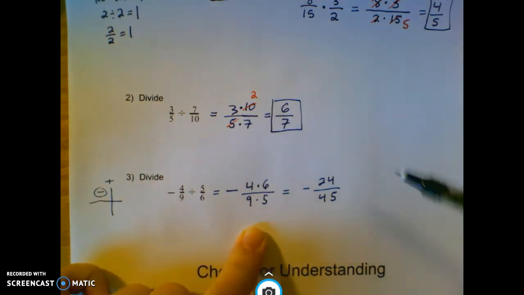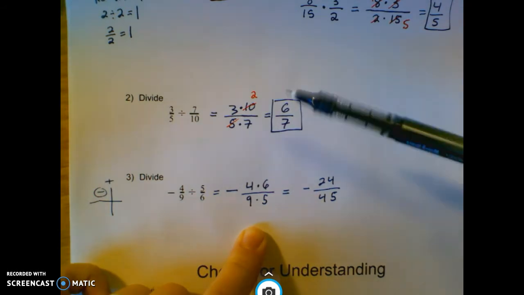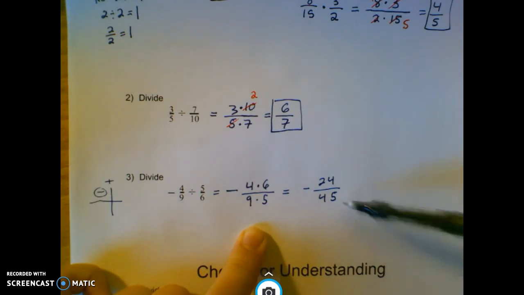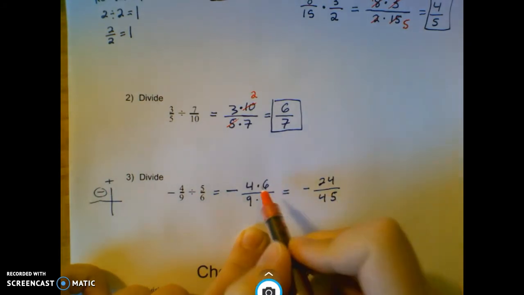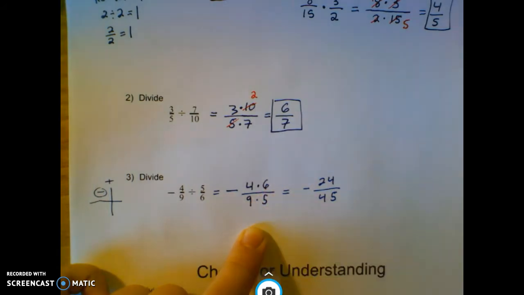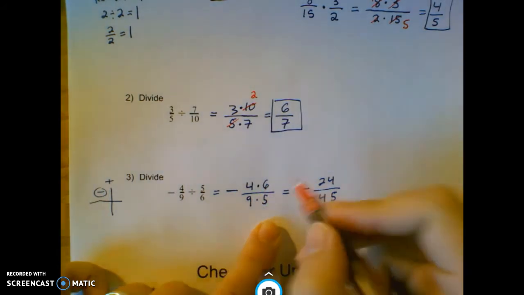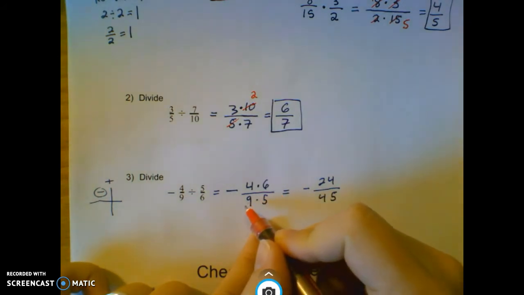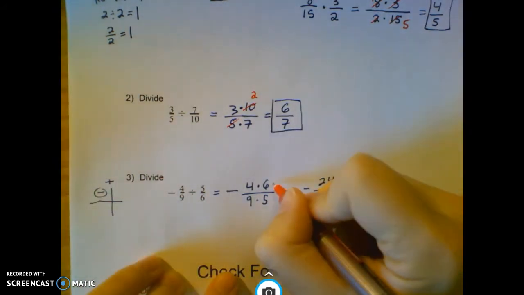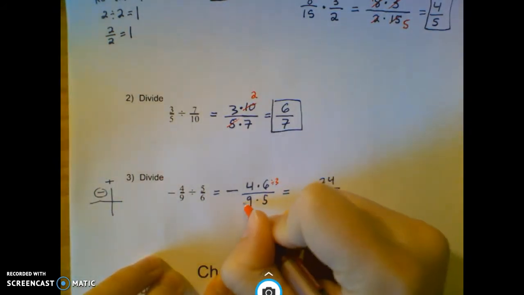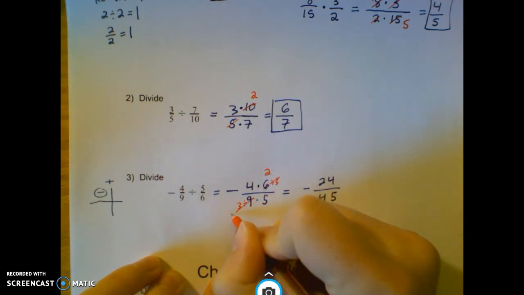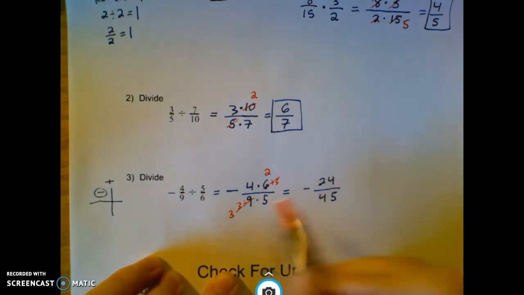But what I can also see is all that I'm looking for is a number that I can divide both this number by and this number by. And one of the things that I see right here is that both 6 and 9 can be divided by 3. So what I'm going to do is divide this by 3, and divide this by 3 right here. So if I do 6 divided by 3 and 9 divided by 3, that's going to give me 2 and 3.